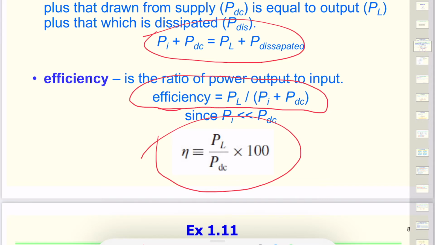The power efficiency is an important performance parameter for amplifiers that handle large amounts of power, and we call those kinds of amplifiers power amplifiers, just like they're used in output amplifiers for stereo systems.